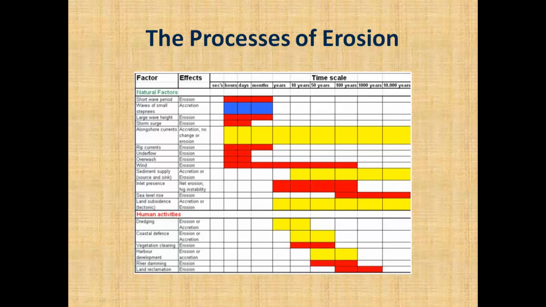Then we have seawalls. Jetties cause erosion downdrift from the beach, and that's also 5 to 10 years of destruction.